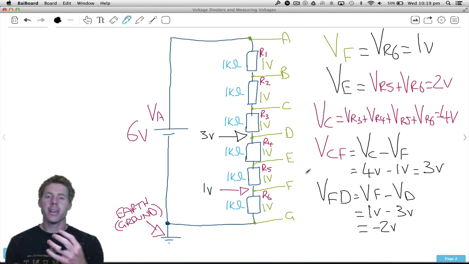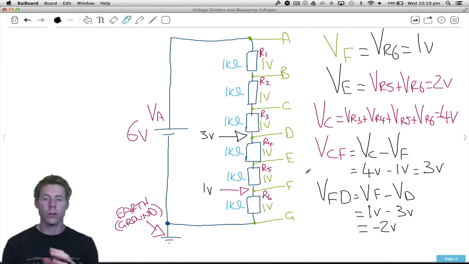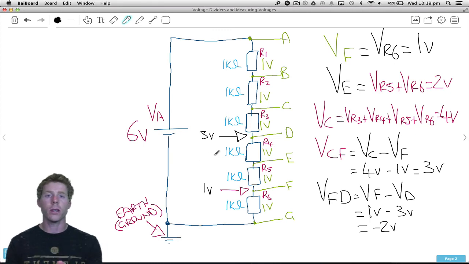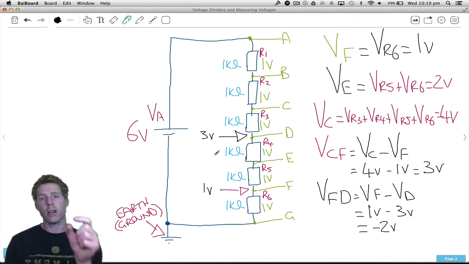So this is going to come in very practical when I start to actually show you how a multimeter works. We're going to be looking at how you measure voltages and current and resistance, but this one is specifically to do with voltages. So just to recap what's going on here, anytime you have at least 2 components or 2 resistors in series, we divide up that voltage.